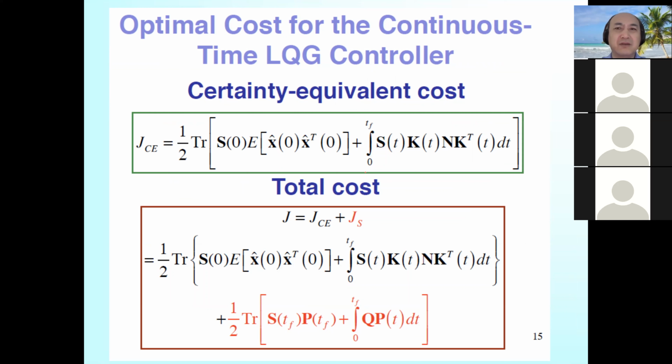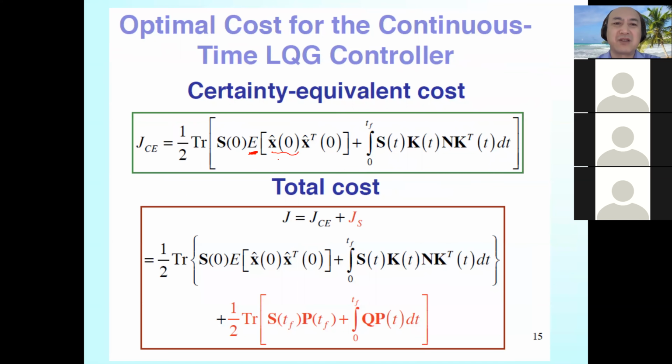So the optimal cost for the continuous time LQG controller. When you say optimal, what do you mean? Okay, so that cost is connected to the size of your initial state variance.